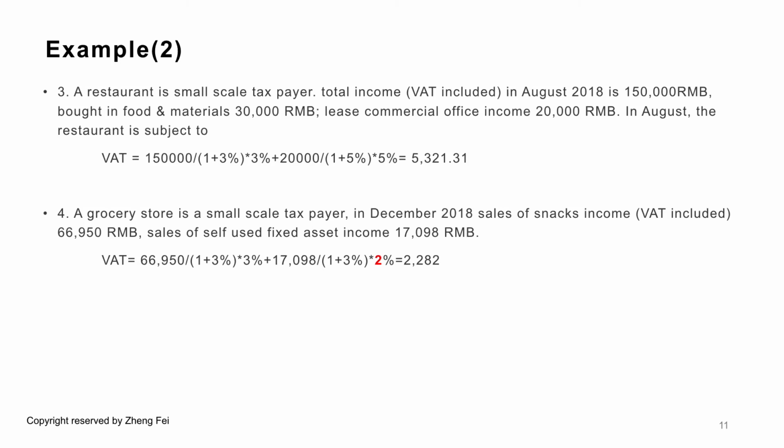Here, please note, as we also mentioned before, the sales of self-used fixed assets enjoys a preferential reduced rate, that is 2% as opposed to 3% of the total price.